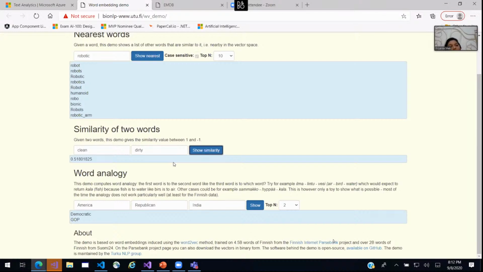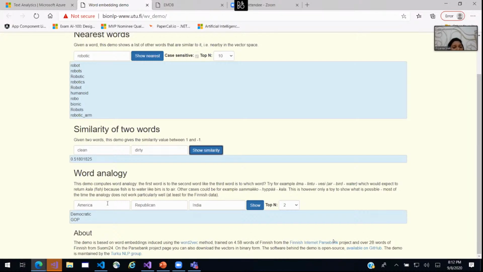If they are poles apart, the similarity will be -1, and if they are very near, almost meaning the same thing, the angle between them will be 0 and the cosine will be 1, right? So this is what we are aiming to achieve. With LDA you get the related terms, you feed them to your dictionary, and then you try to compute the distance between words so that all semantically close words or same meaning words will be available together in one part.